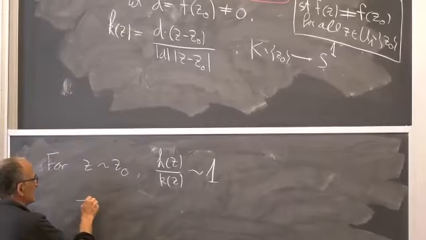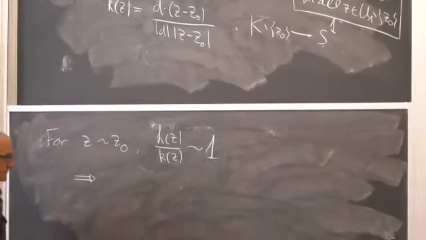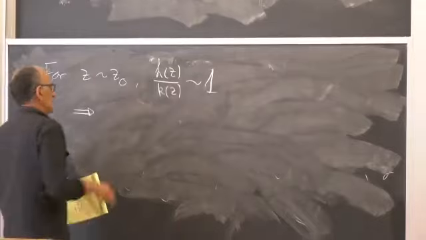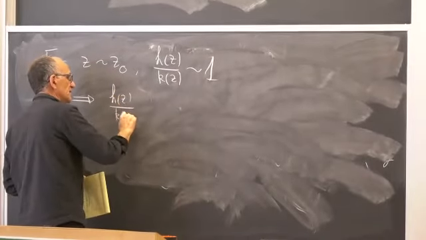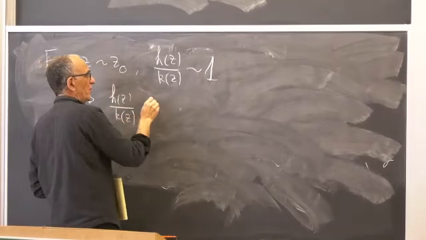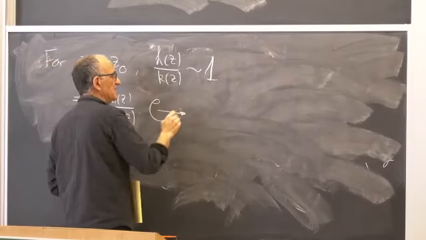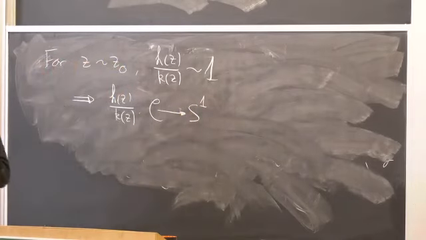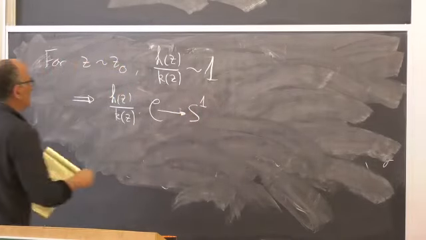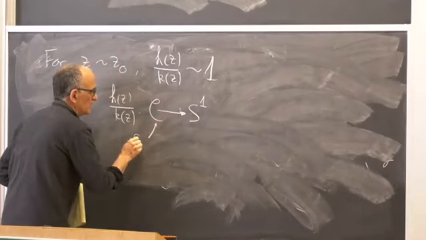But this implies that the function h of z divided by k of z, which is also a function from c into S1, has its image very close to 1 for c sufficiently small.